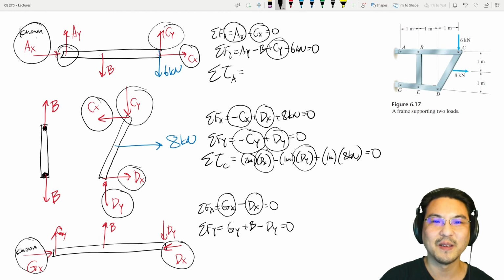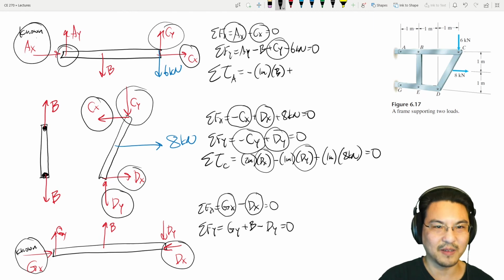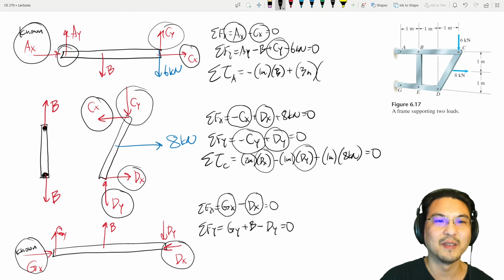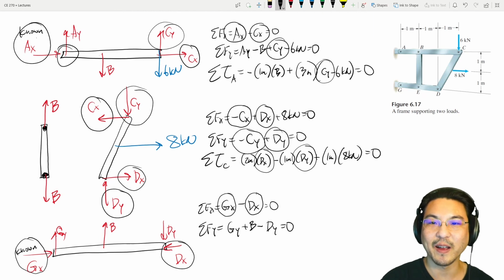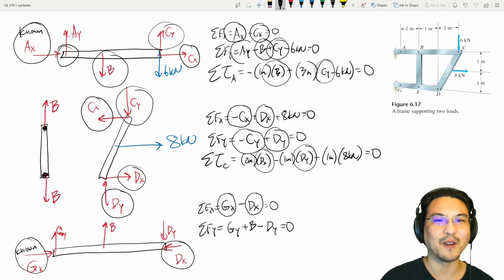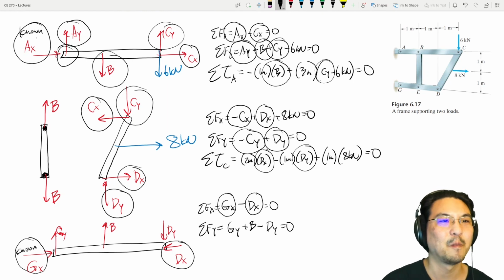So that'll be negative 1 meter times B plus 3 meters times cy minus 6 kilonewtons equals 0. Okay, so that's torque about point A. We already know cy, which means there's only one unknown here. Solve for B. Now we know B. Plug that number in right here, which means you can solve for AY. So now we know AY.